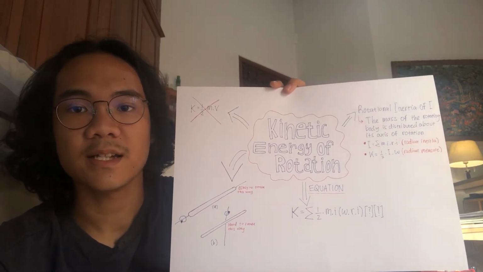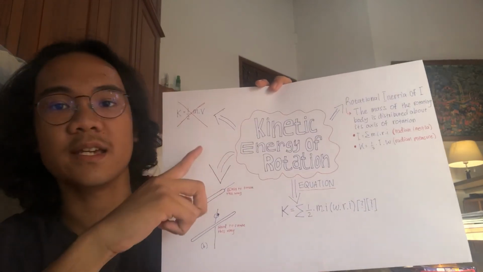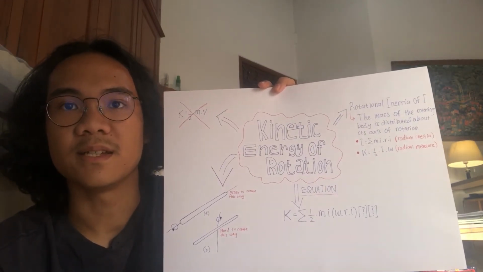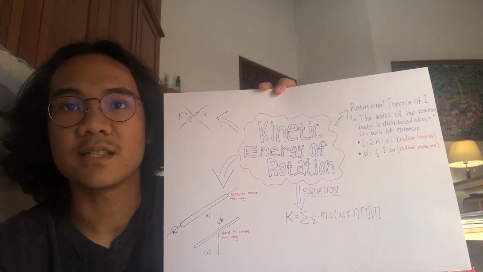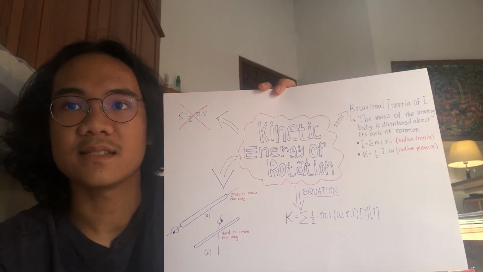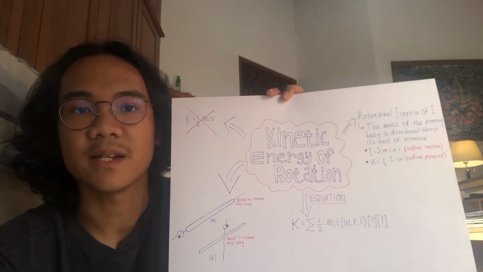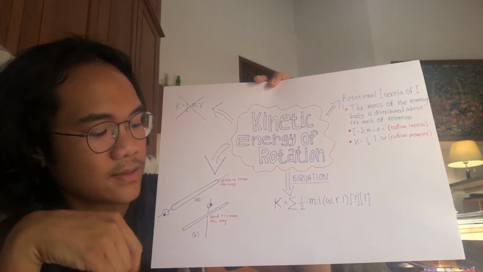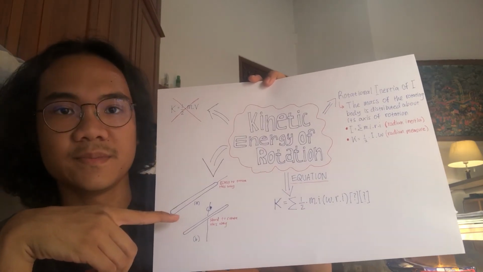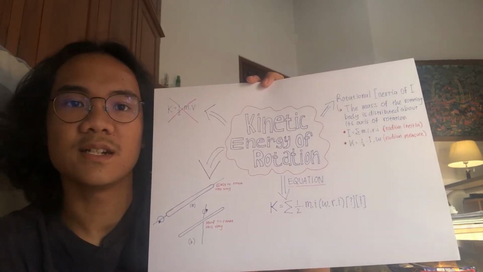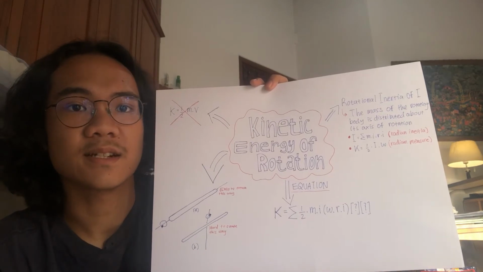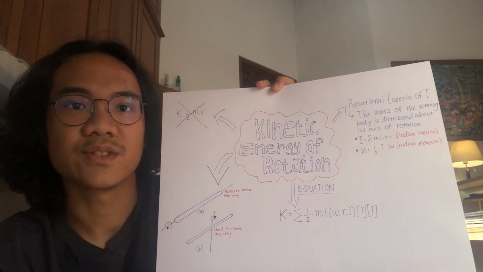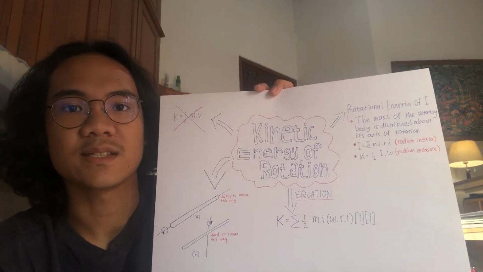First, we cannot apply the formula K equals half times m times v squared to a rotating object, because it only gives us the kinetic energy of the center of mass. Now we see from the figure, in figure A, a long rod is much easier to rotate about its central axis than about the axis in figure B, through its center and perpendicular to its length.